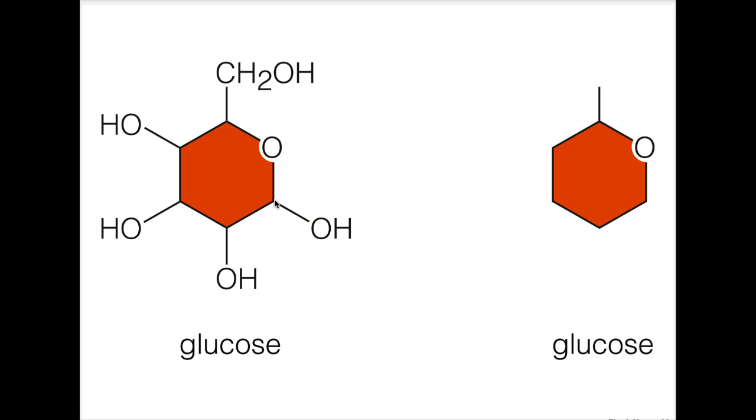So this one is a greatly abbreviated form. Once you get familiar with the structure of glucose, this one is easy to notice, especially once you get to know what carbohydrates are. All carbohydrates are built on simple sugars or monosaccharides, of which glucose is one. It's a 6-carbon sugar.